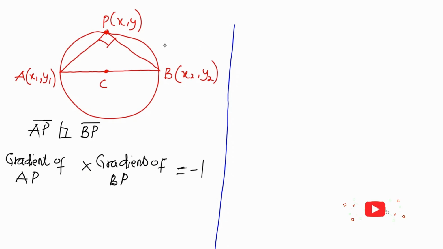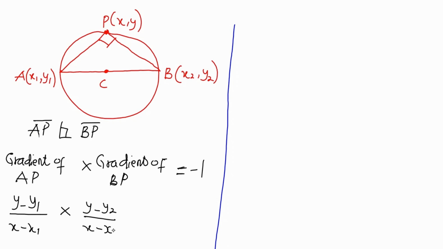First, we tackle the gradient of AP. The gradient of AP, considering A and P, is y minus y1 divided by x minus x1. When we also consider B and P, the gradient is y minus y2 divided by x minus x2.